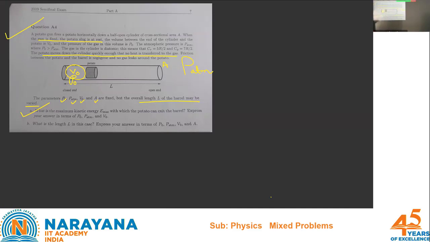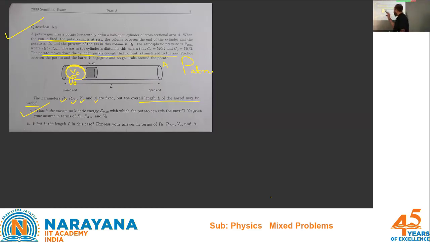So very concretely, we can think that this segment of the gas here will exhibit adiabatic expansion, by virtue of which it will exert some work, and that work will be utilized. As the potato is moving rightward, the gas is expanding, doing some work on the potato, and as it exerts work, its pressure is reducing.